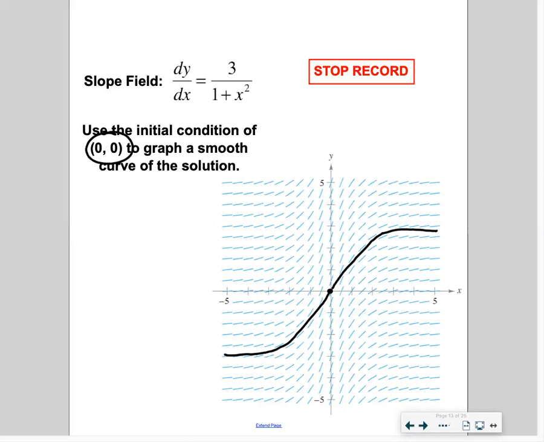If it said start at 0, -2, then you would start right here, and you would do the same thing, okay? So approximate curves or smooth curves, the approximate solution, okay? All right, let me stop.